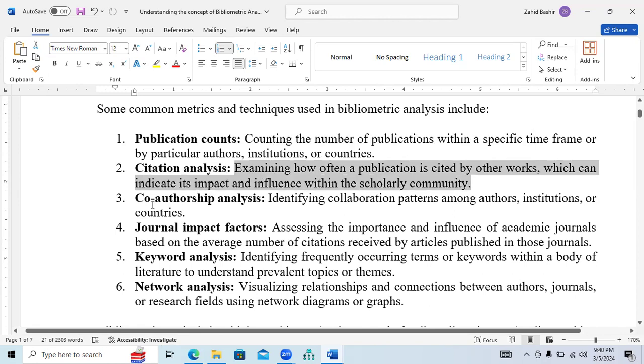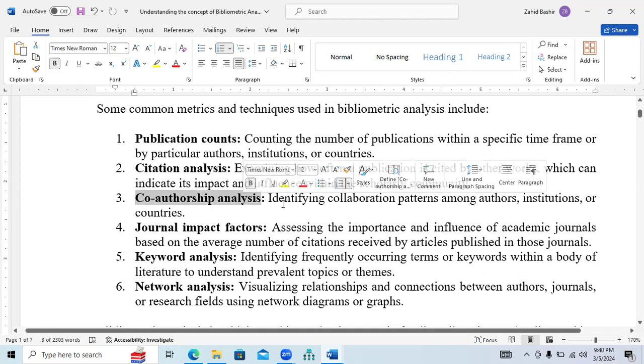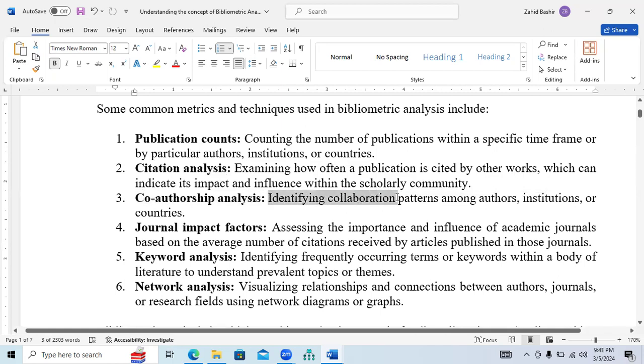Then it will also let you know the co-authorship analysis. It will let you know how collaboration between different countries is working. Like, for example, if you are from India and I am from Pakistan, how we collaborate with each other. So it will also identify which countries are collaborating in a particular domain.